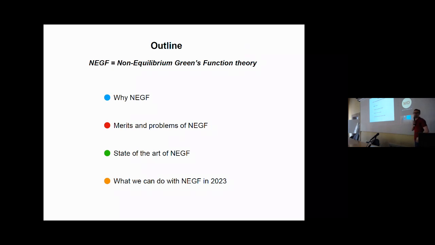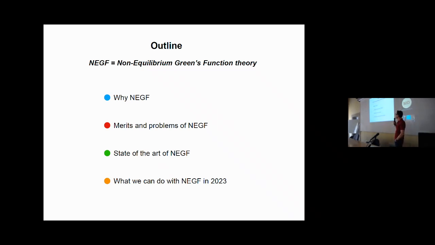It's almost impossible to give a comprehensive overview of non-equilibrium Green's function theory in half an hour. So what I would like to do is give you a very brief introduction on why non-equilibrium Green's function is a good method to study theoretically non-equilibrium quantum systems.